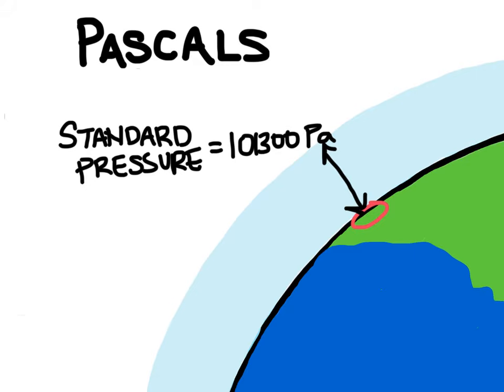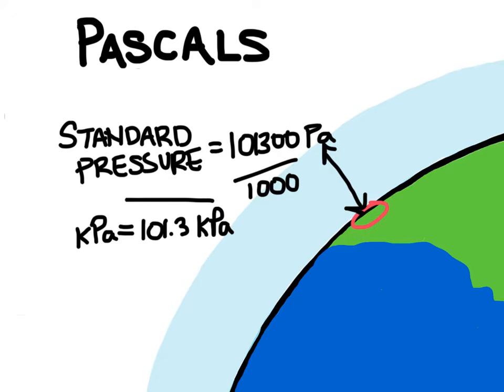So since pascals are so small, we usually use kilopascals instead. And we use the symbol kPa to describe kilopascals. All we have to do is divide this number by 1,000 and we'll get the standard atmospheric pressure in kilopascals. And so this is usually shown in textbooks as 101.3 kPa.